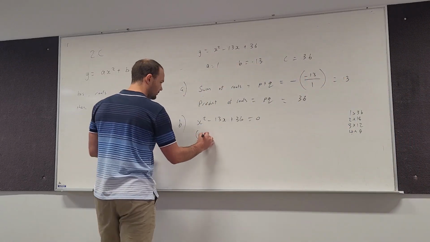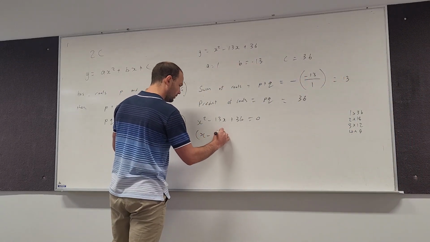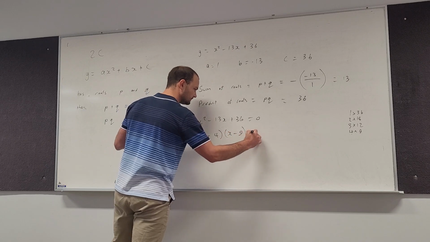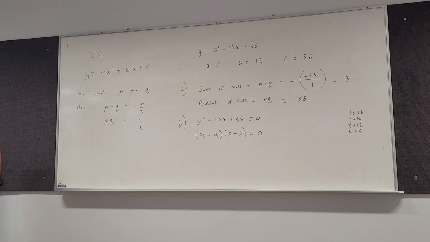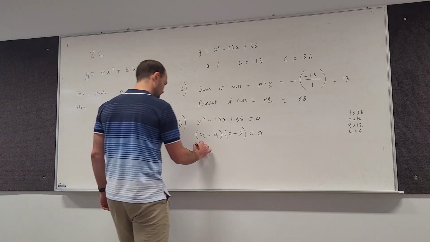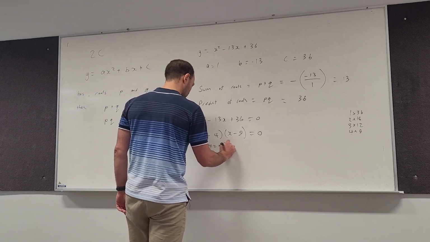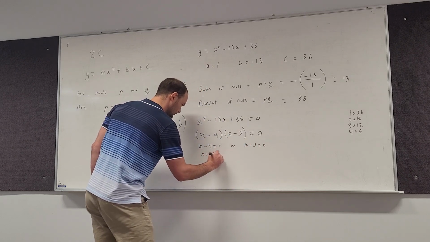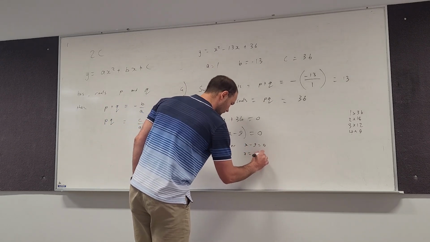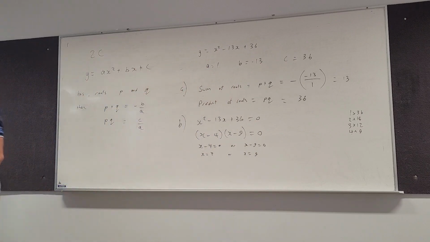So when we factorize this, it becomes x take 4 times x take 9. Apply the null factor law. So we've got the two roots.